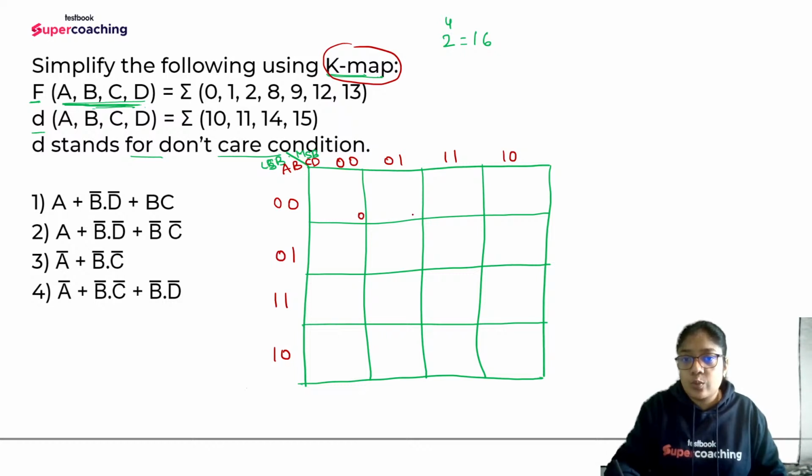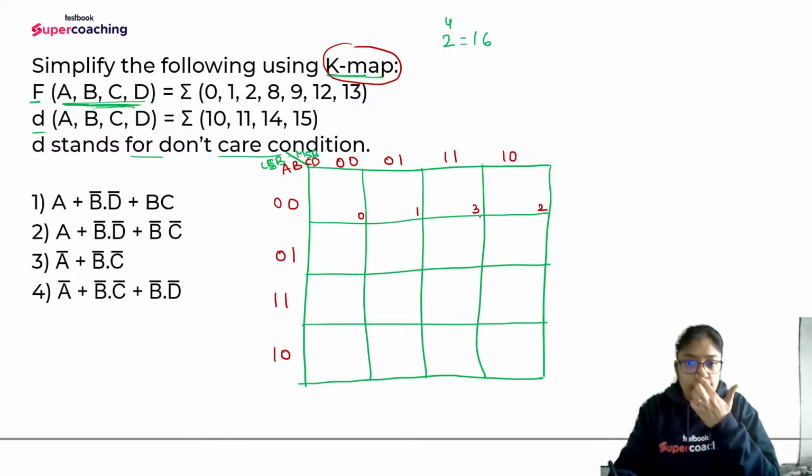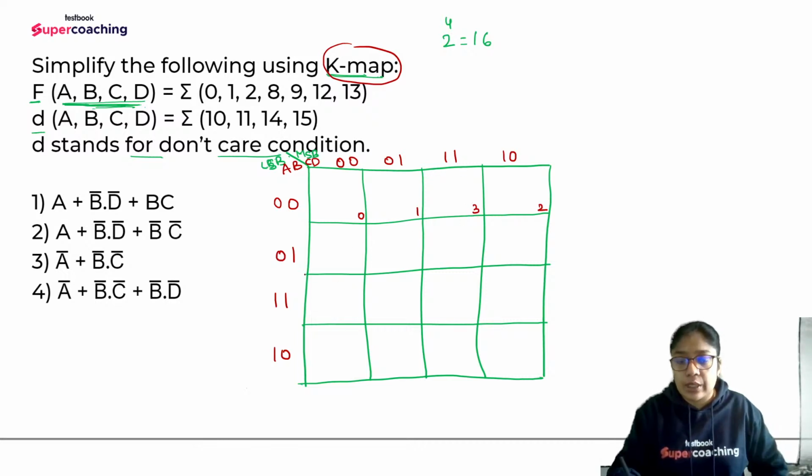This is 0, 1, 2, 3. How did we find it? 0 0 1 1 is the binary of 3, so that's why we are getting 3 here. 0 1 1 1 is the binary of 7. Like this: 4, 5, 6, 7, 8, 9, 10, 11, 12, 13, 14 and 15.